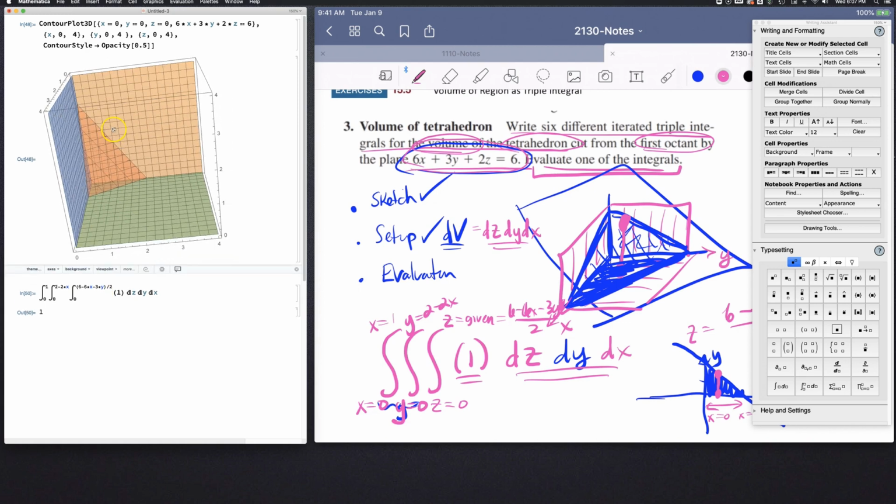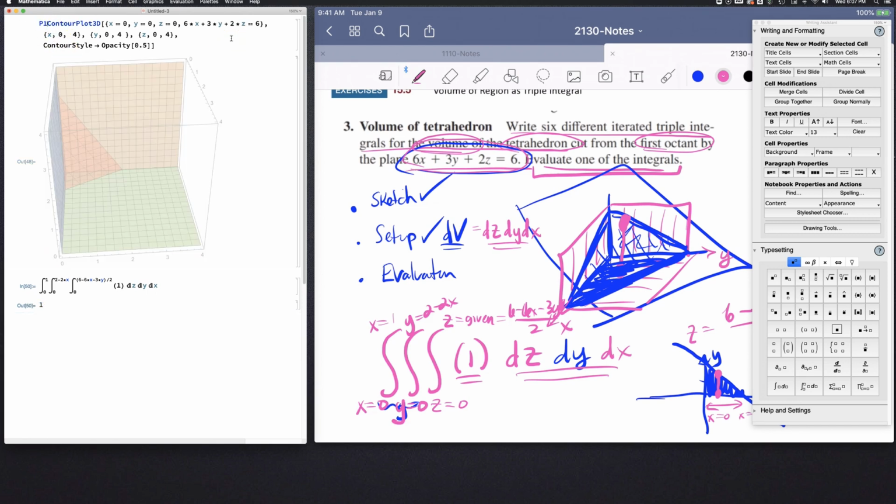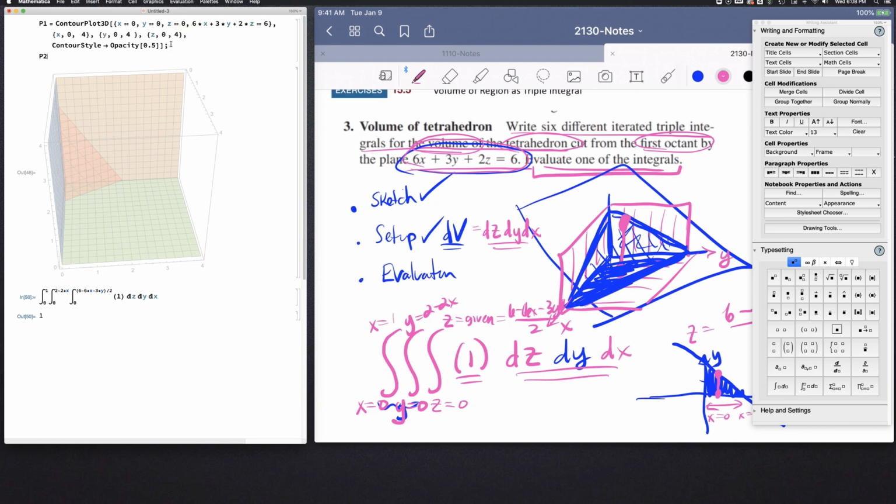Okay. Something else I want to do to verify that this number 1 is correct, I like to check that our 3D limits of integration, the dz, the dy, and the dx, make sure that those are the right limits of integration. And the way to do that is, as we've done in the past, do a region plot, 3D.